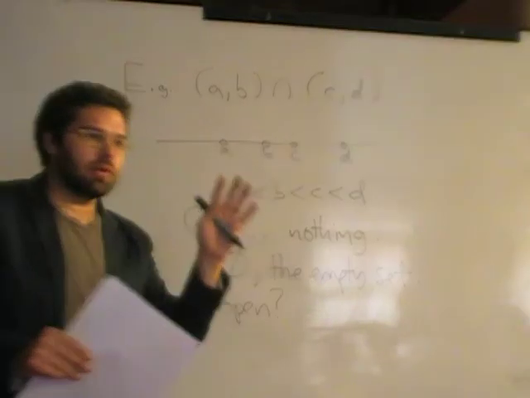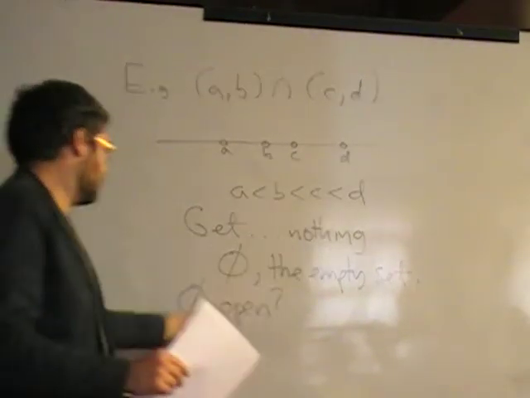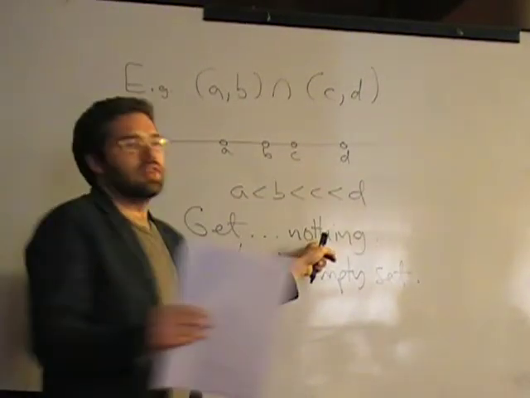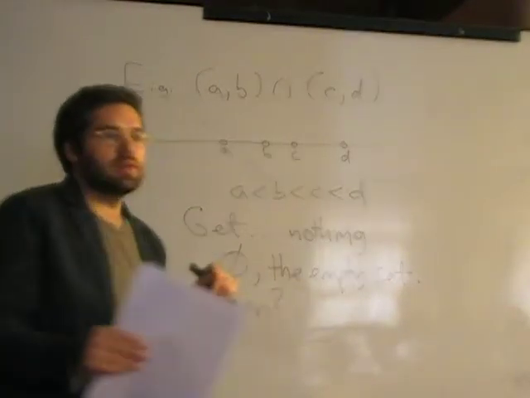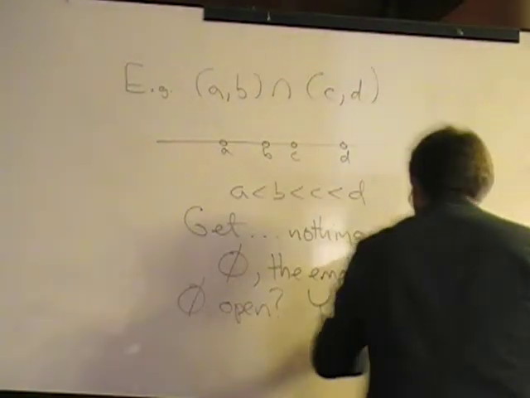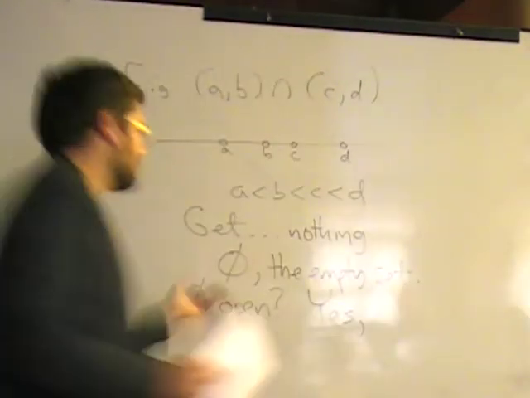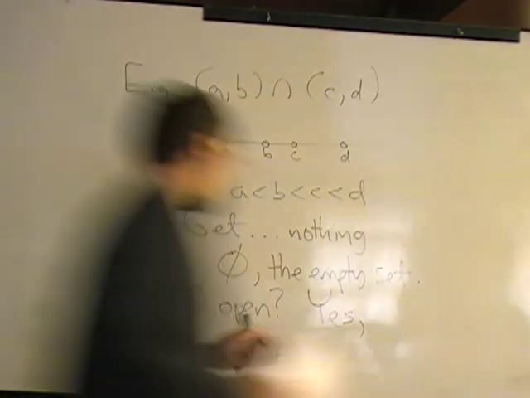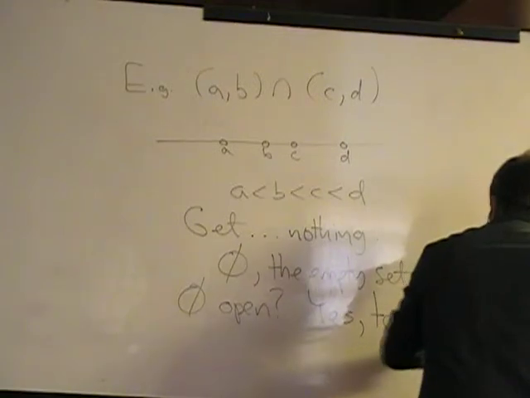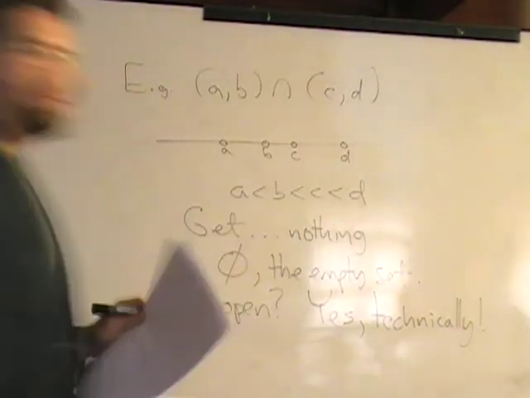If I say there exists a point in here such that, I'm already telling a lie, because it contains nothing. So the empty set is open. Yes, technically. It's one of those things they call vacuously true. It's true simply because the thing contains nothing. Okay, so this intersection of two open sets is open.